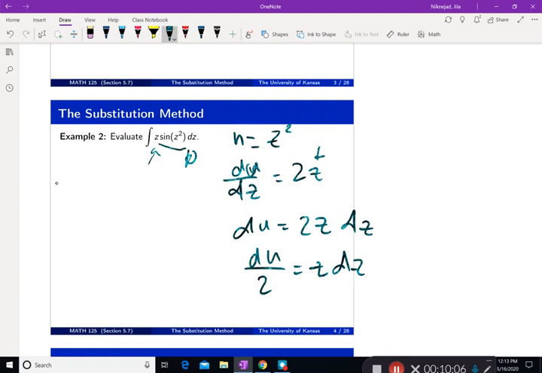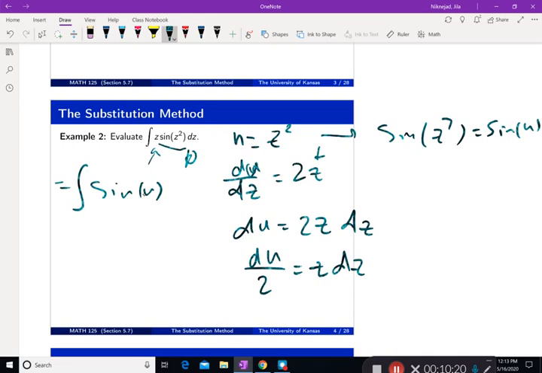So the antiderivative becomes the antiderivative of sine of u. Remember, sine of z squared becomes sine of u, and the rest becomes du divided by 2. Sine of u, I know how to antidifferentiate. That would be negative cosine of u. And I have a 1/2. 1/2 would come out of the integral.